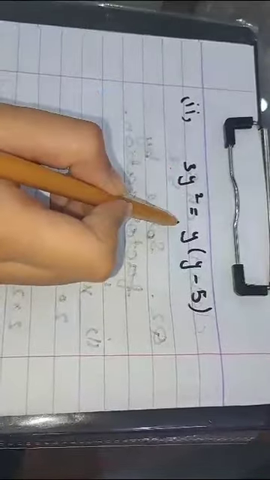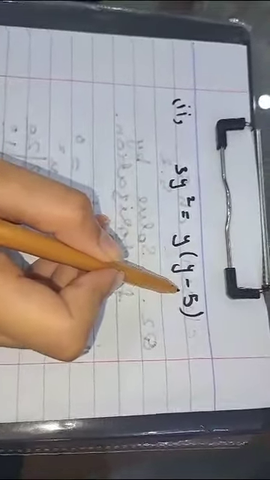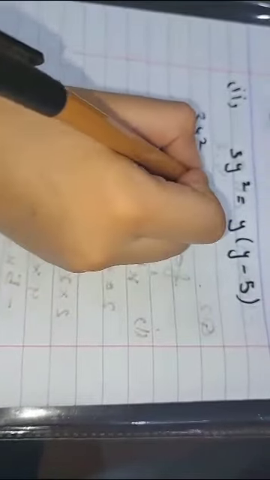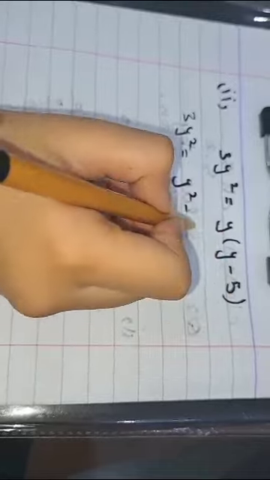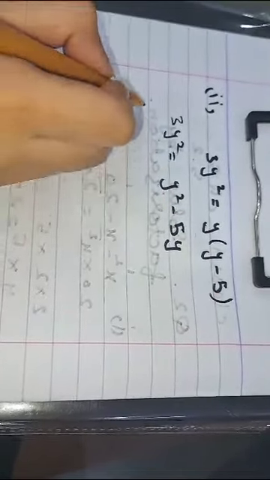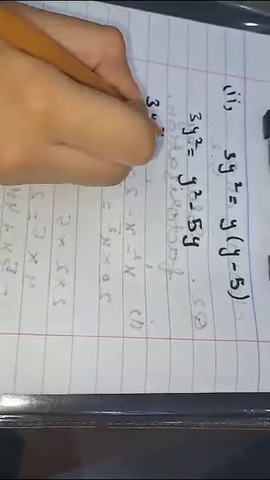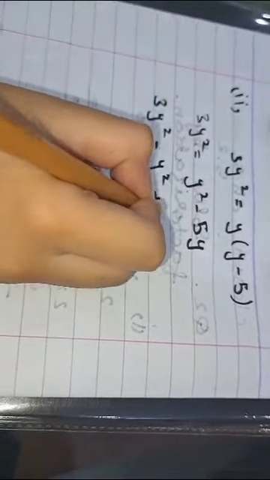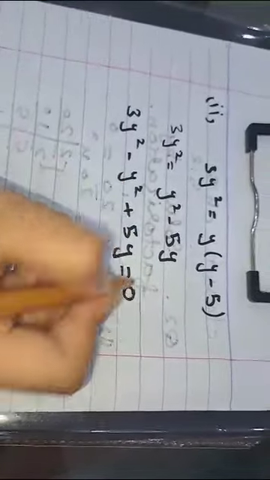3y square is equals to y into y minus 5. Now what you will do, 3y square is equals to y multiplied by y square minus y into 5, 5y. Now you're going to transfer to the other side of the equal, minus y square. That's a simple concept that I repeated in the previous questions.